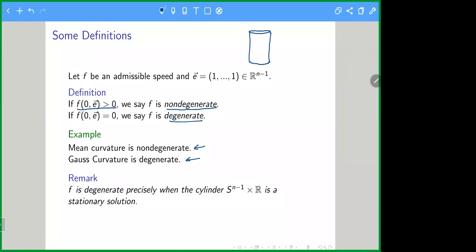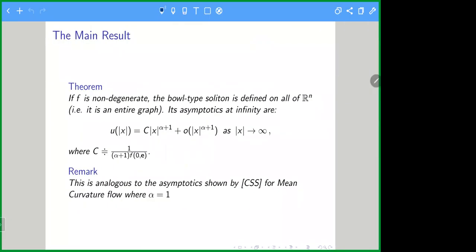Then what does this have to say about bowl solitons? If I have a non-degenerate speed, I immediately get that my bowl soliton is an entire solution. Not only that, we can also know what its asymptotics are.